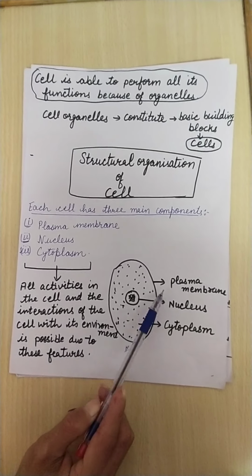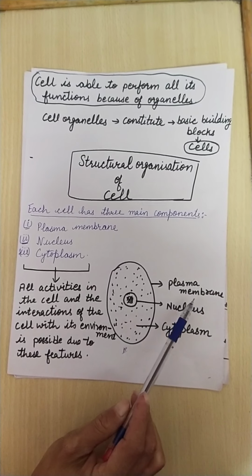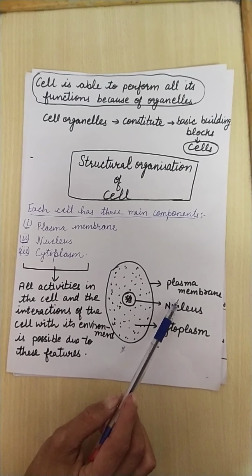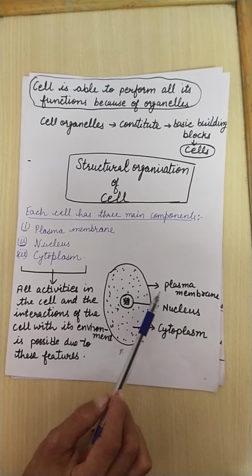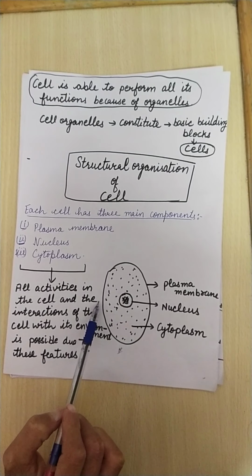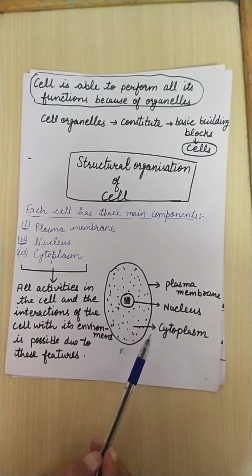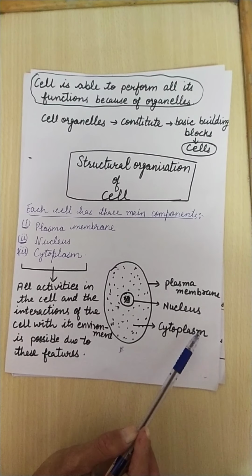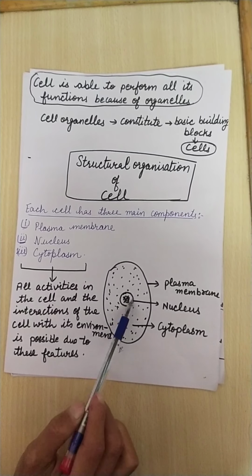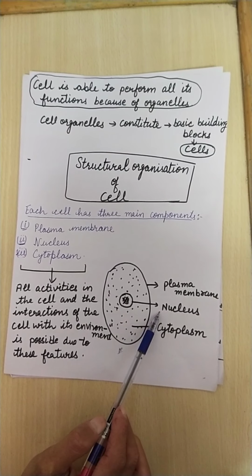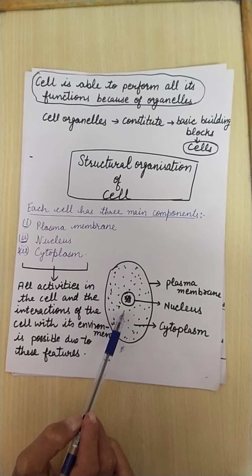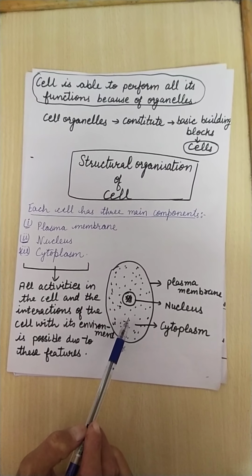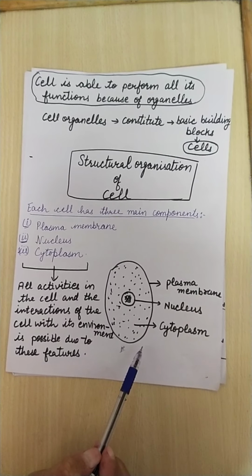You see, the outermost membrane of the cell is called the plasma membrane, which allows the entry and exit of molecules, separates one cell from the other cell, and separates the cell's internal environment from its external environment. There is a nucleus, which is called the brain of the cell, which controls all the activities that take place inside the cell.